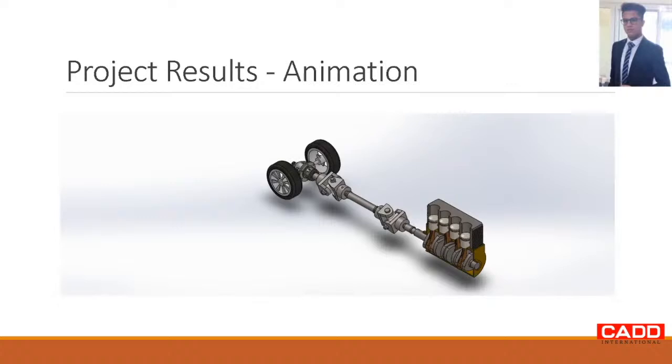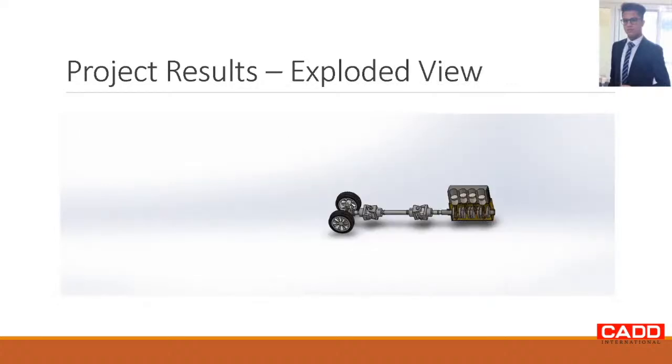Now we have another animation which will highlight the exploded view. As we can see in the exploded view, each and every component and sub-assembly is separated in order to have a better understanding of the project.